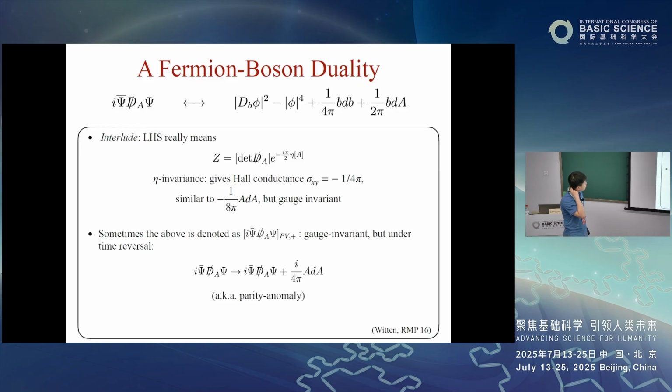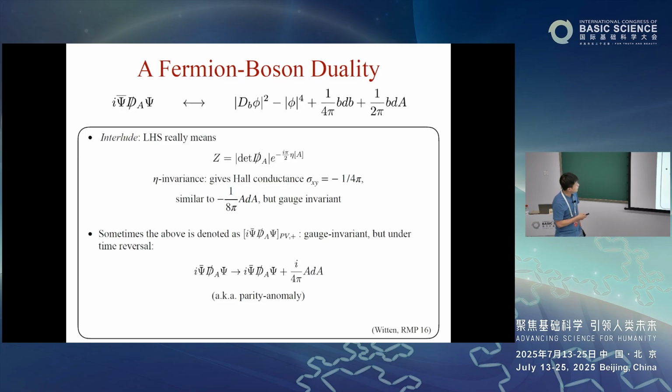But before I go to more detail, let me just clarify a little bit what I mean by this, because in the literature, different people tend to use different notation. When I write this, the Dirac fermion really means a Dirac fermion regularized in the Pauli-Villars way. So the partition function looks like this.